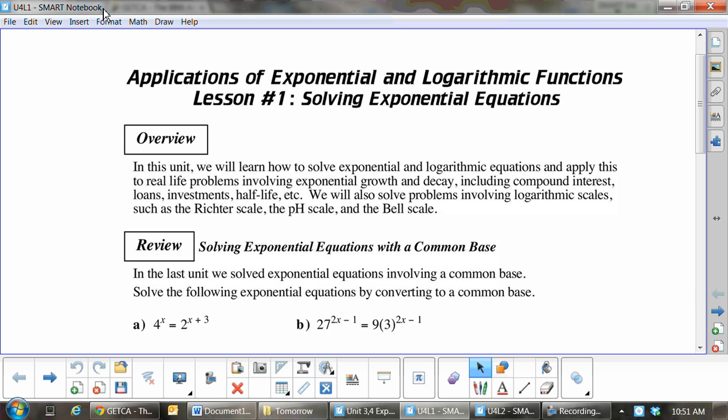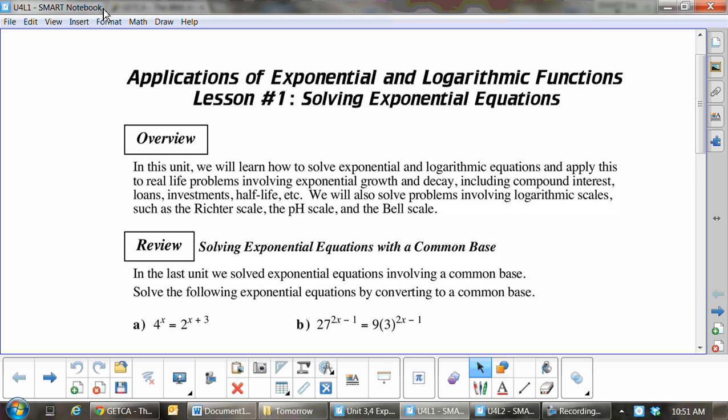So every time you go up 1, it's 10 times more, 10 times more, 10 times more. So a magnitude 6 is not twice as much as a magnitude 3. It's 10 times 10 times 10 more than magnitude 3.